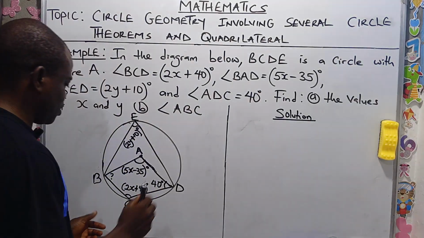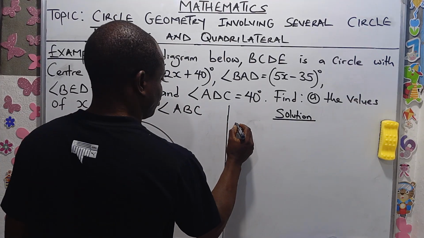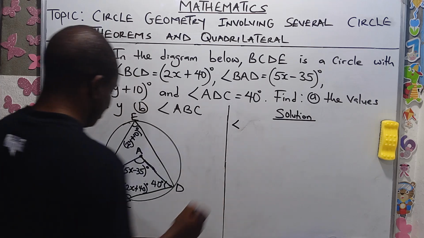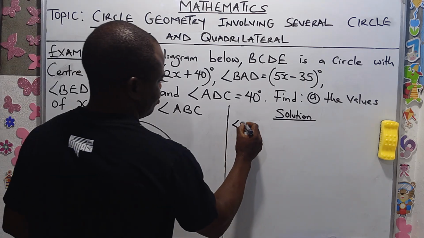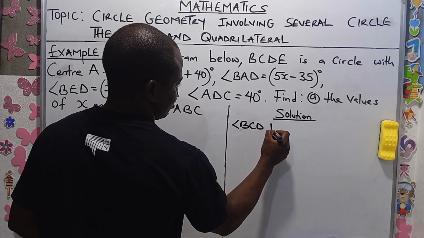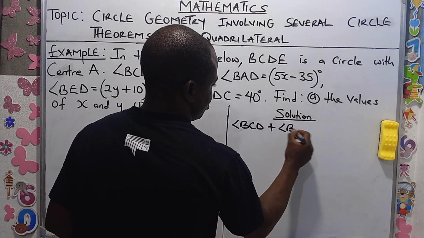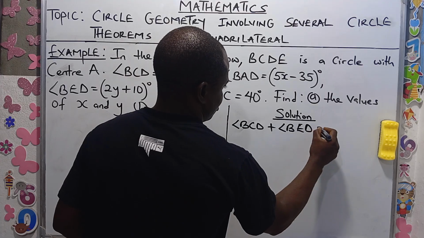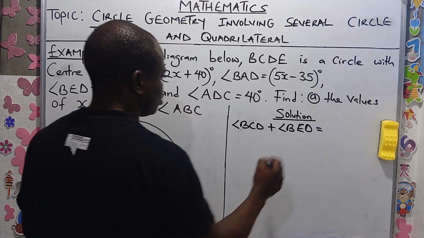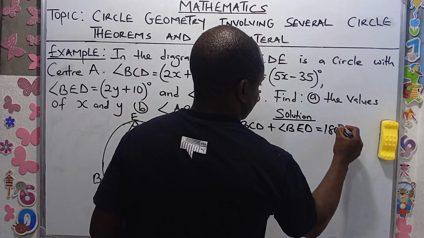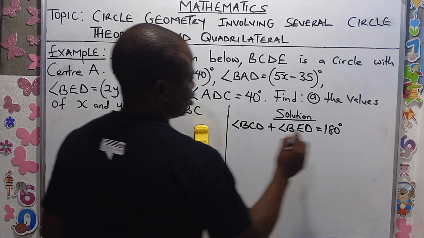Now let's write it down. Angle BCD plus angle BED equals 180 degrees. What's the reason?